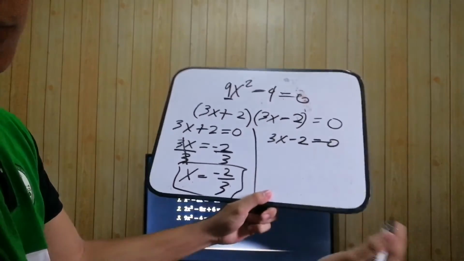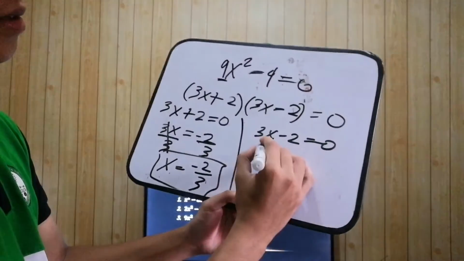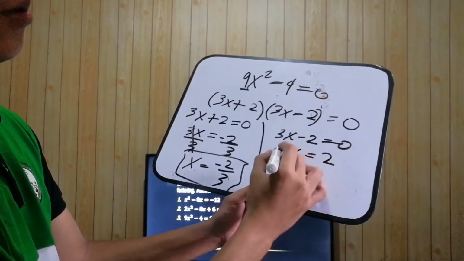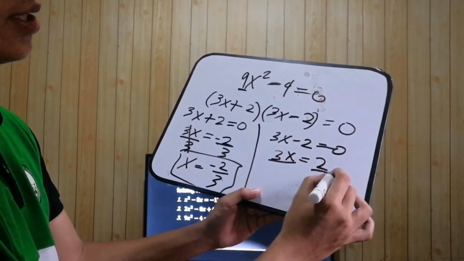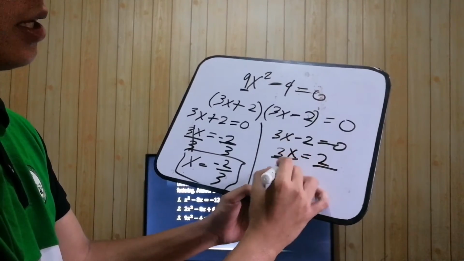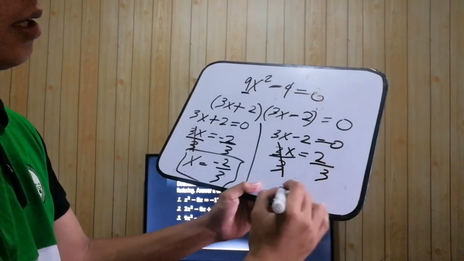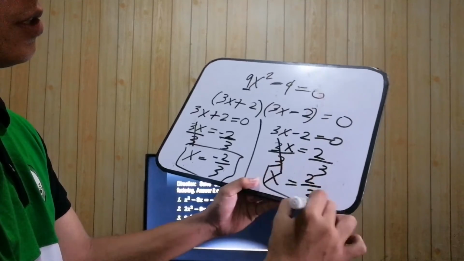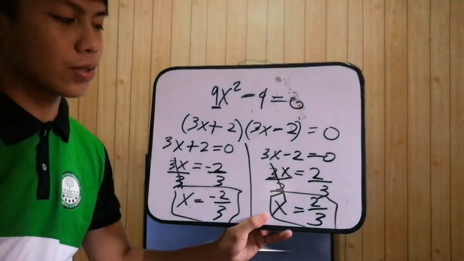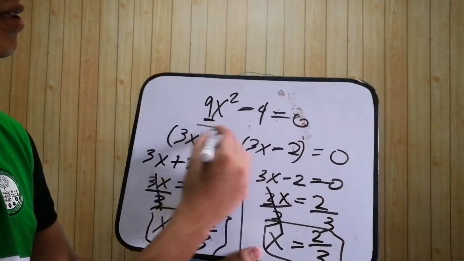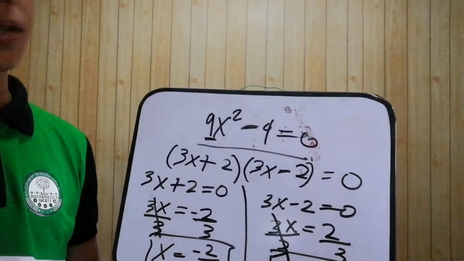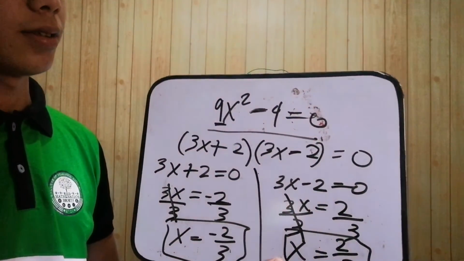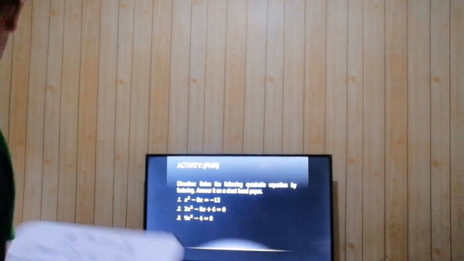Now, sa right side naman, additive inverse, positive 2. Divide natin both sides by 3 to eliminate the 3. Cancel. Now, x, positive 2 thirds. So, those were the values of x. So, kung perfect square binomial, mas madali lang makuha yung factors niya. Understood? Okay, very good. So, let's proceed.